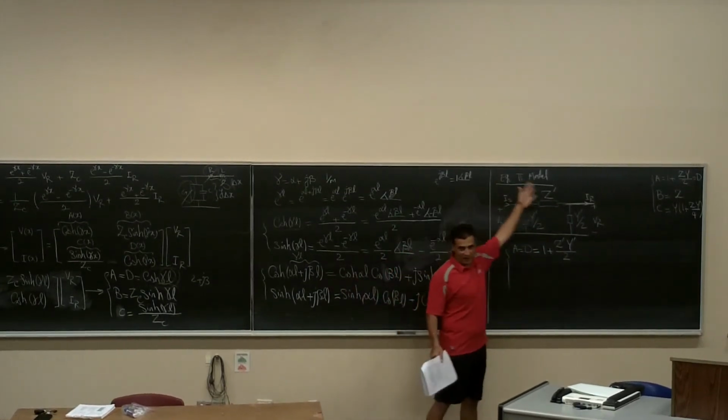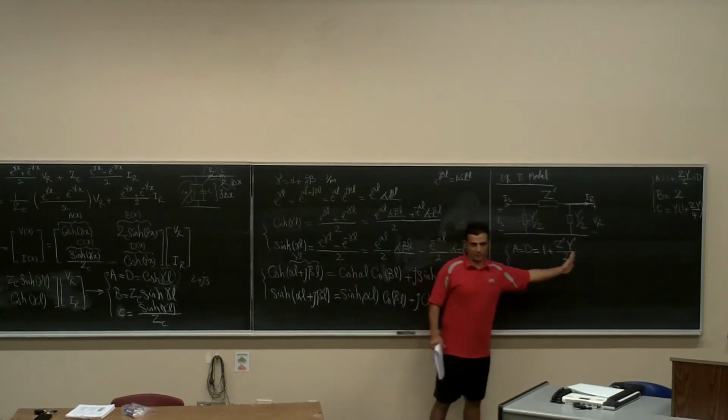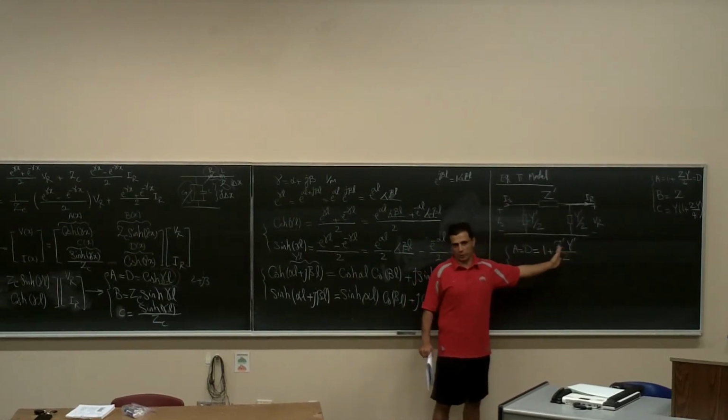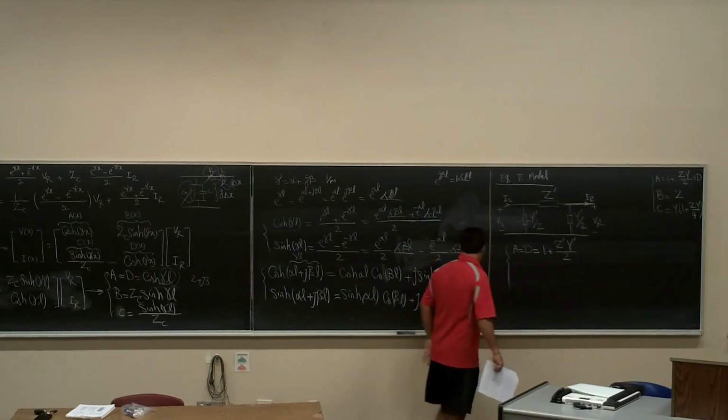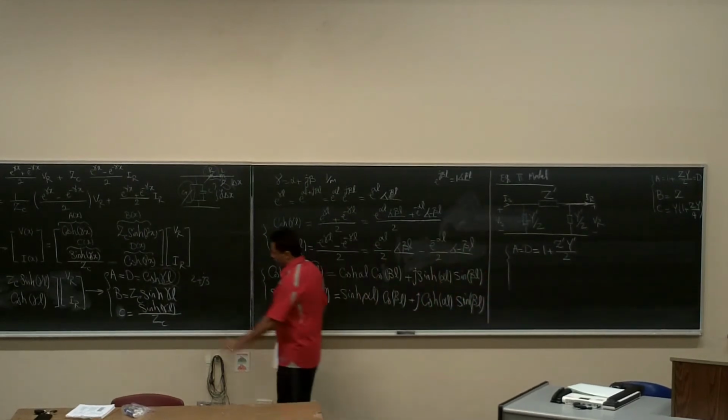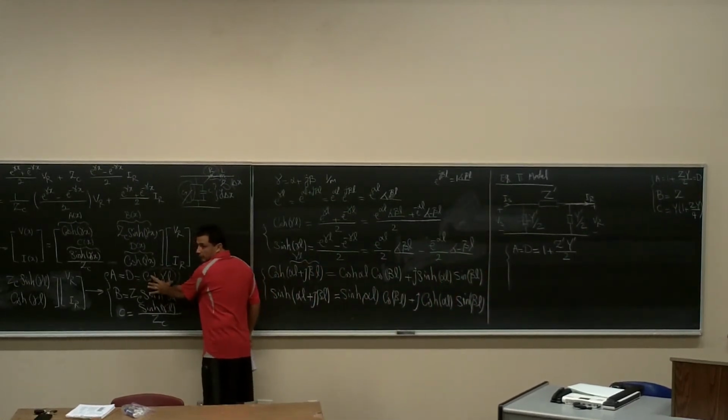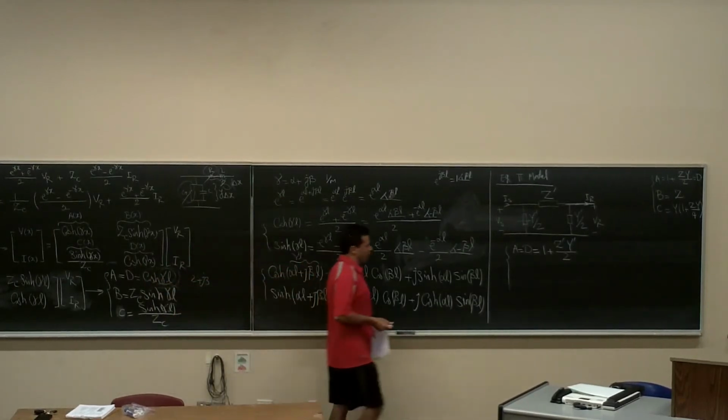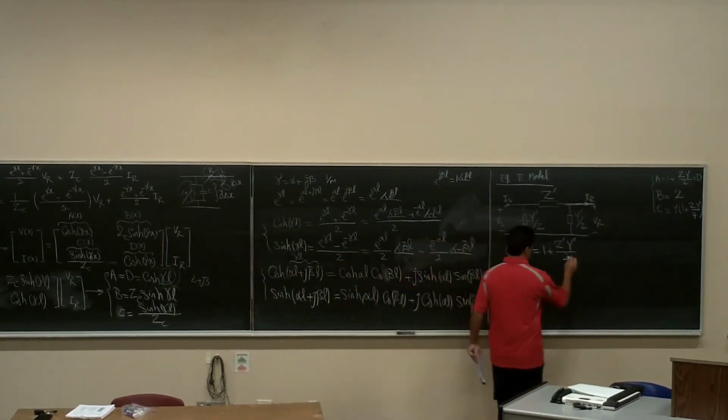Like this, how much is A? A and D, they are equal and it's going to be this much, right? Already we proved it for the medium line. But how much is the A for the long line? Is this much, right? So basically it should be equal to cosine hyperbolic gamma L.